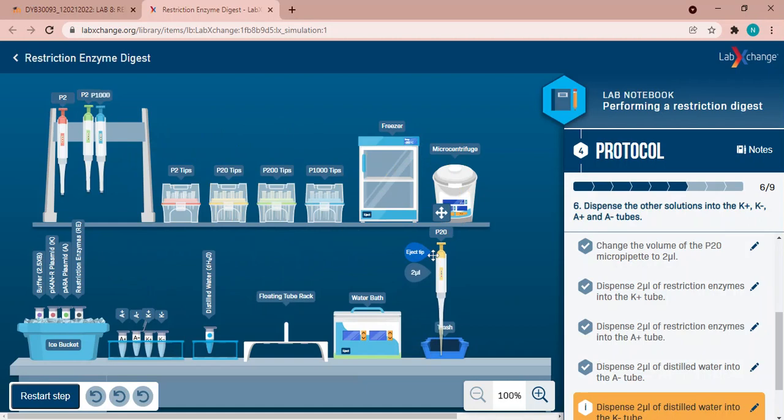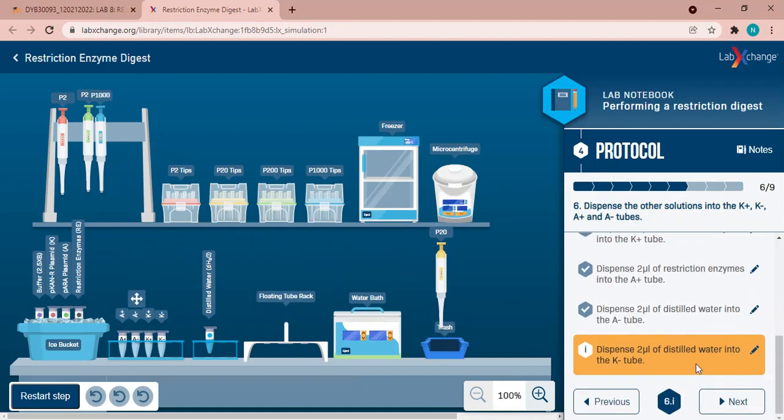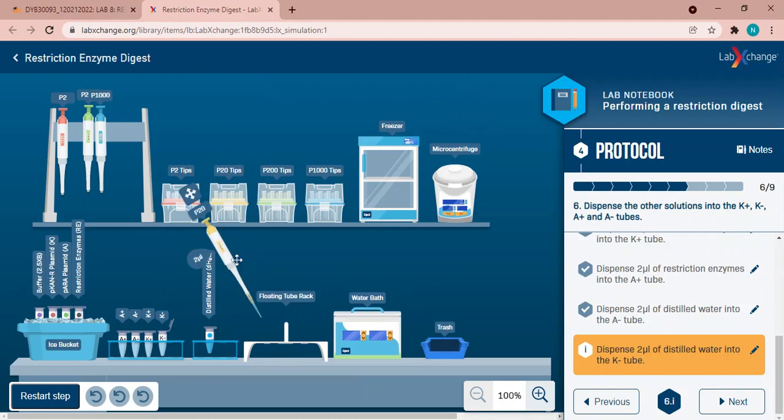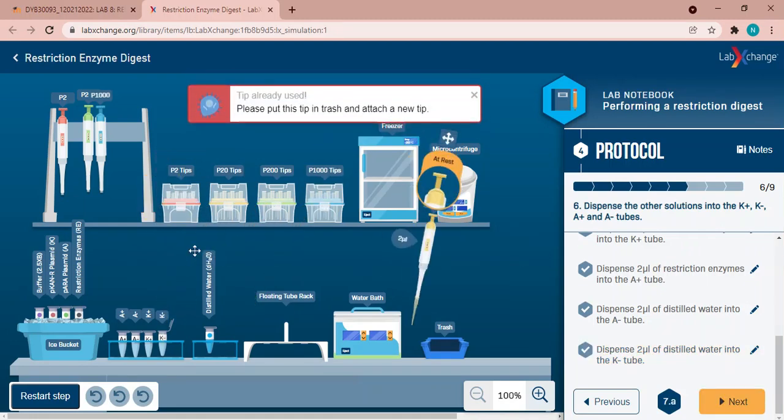Then eject a tip. Okay, so next, dispense 2 microliters of distilled water into the K minus tube. So as usual, add a new tip. Next, dispense distilled water into the K minus tube. Alright, done. So eject a tip.